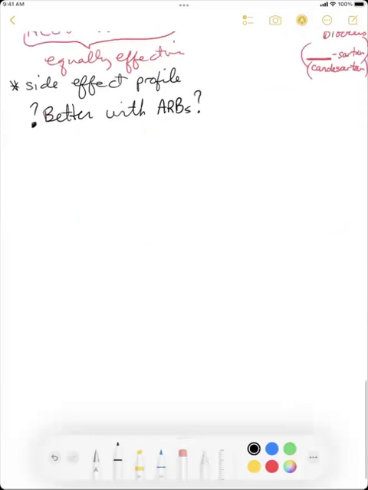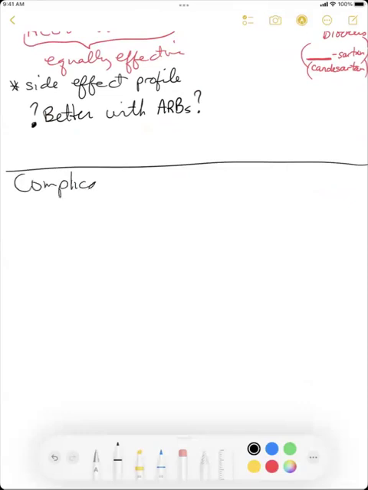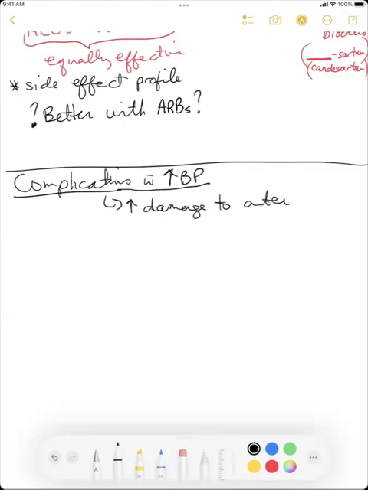When we look at the complications associated with high blood pressure, there are a few. High BP increases damage to arteries and accelerates atherosclerosis.